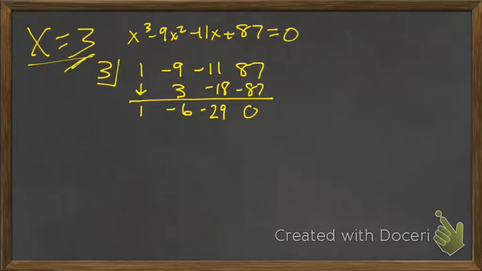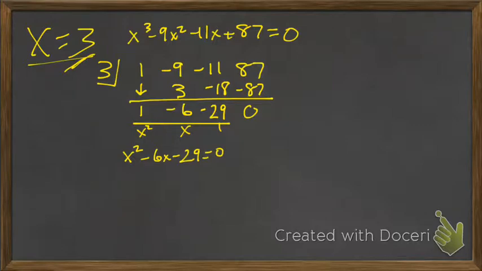When you add those, you get 0. So that's great news. This is my remaining factor, and remember, this is my constant, this is my x coefficient, this is x squared, so really the remaining factor is x squared minus 6x minus 29 equals 0.